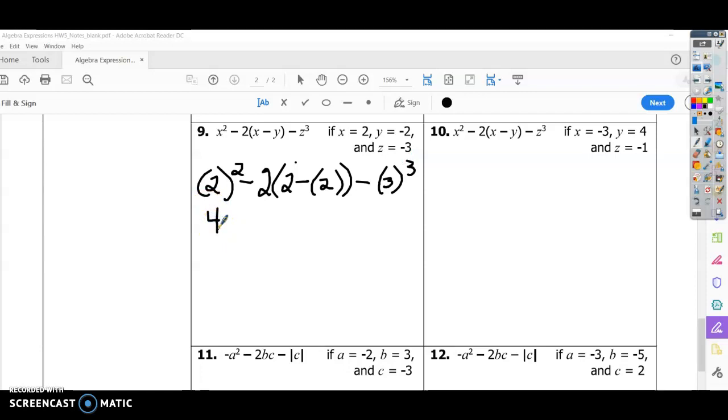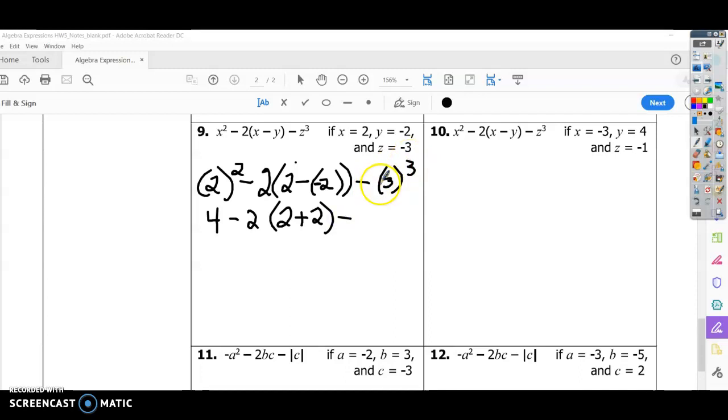And then we're going to work inside our parentheses out. So I'm going to bring down my negative 2, and then 2 minus 2. Wait a minute, y was negative 2. Sorry about that, I lost a negative right there. So x is 2 minus y, minus negative 2. So I'm going to have 2 plus negative and a negative, make this plus 2, and then minus 3 cubed.